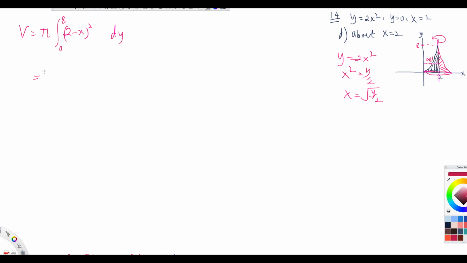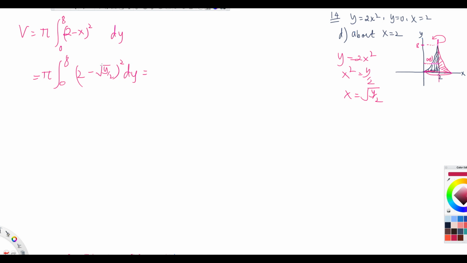So the volume is pi, 0 to 8, of 2 minus root y over 2, squared, dy. One important thing here: if you are revolving about a horizontal axis or the x-axis, you will have dx. If you are revolving about a vertical axis or y-axis, any vertical line, then it will be dy. Don't forget that.